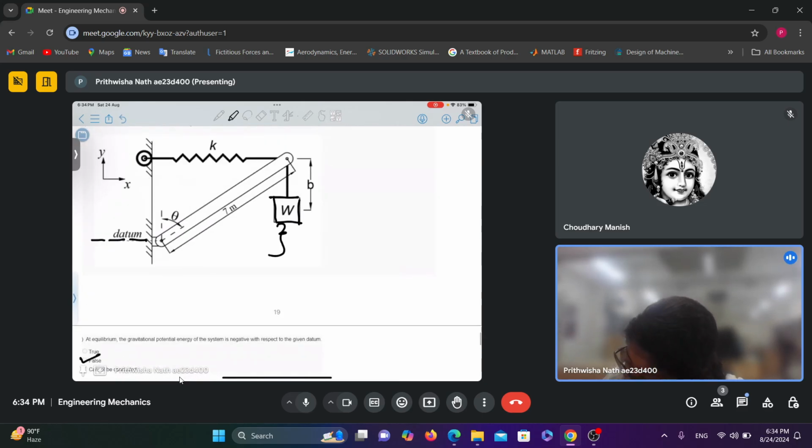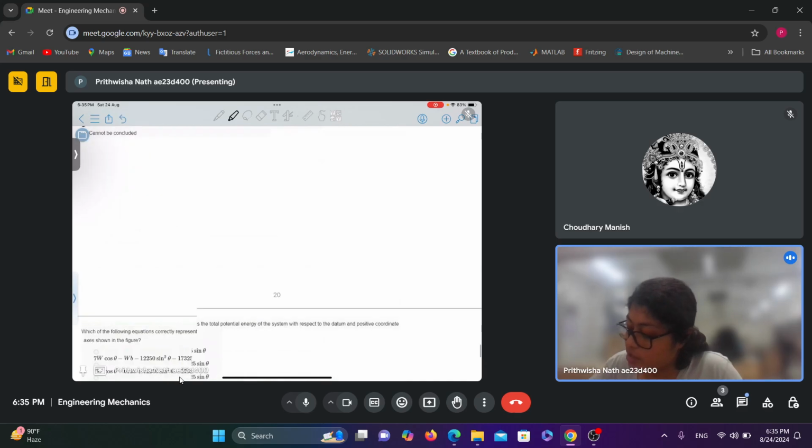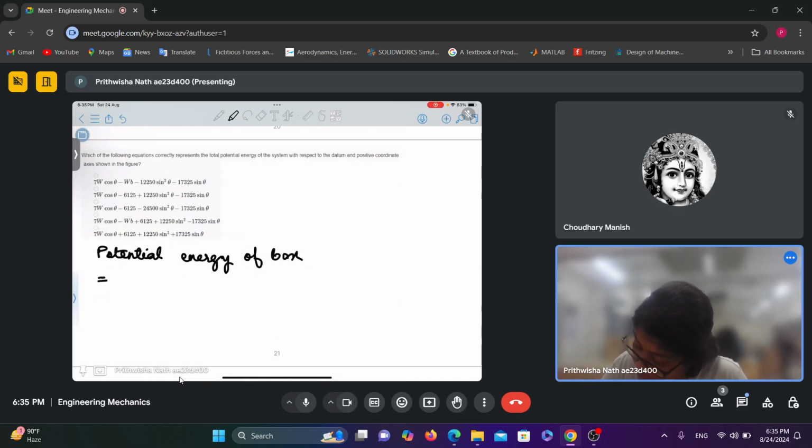This is the total distance. First tell me what this total distance is. It is 7 cos theta, right? So this would be 7 cos theta minus this distance, that is b. So the potential energy of this box will be (7 cos theta minus b) into W.